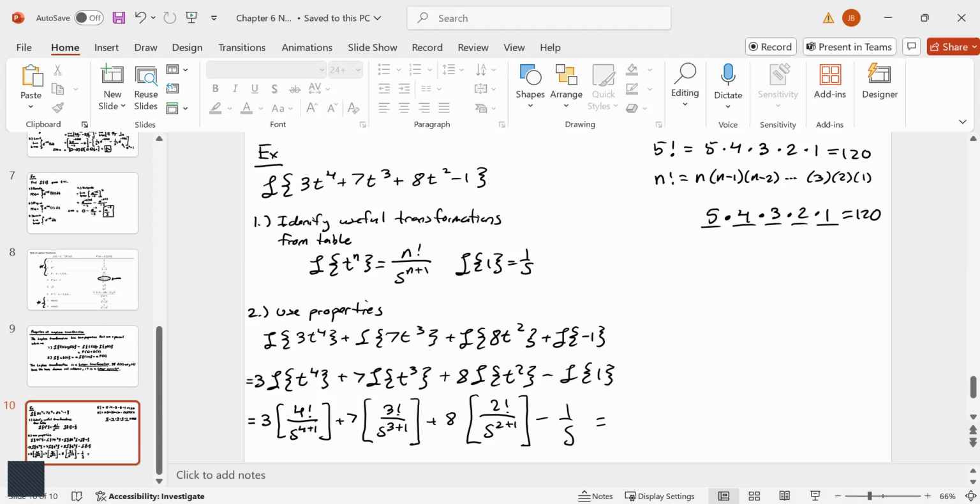So if you do the calculations, 4 factorial times 3 is 72 over S to the 5th power, again, sorry, with the S and the 5, plus 42 over S to the 4th power, plus 16 over S cubed, minus 1 over S. Also, not going to come up, 0 factorial by definition is 1.